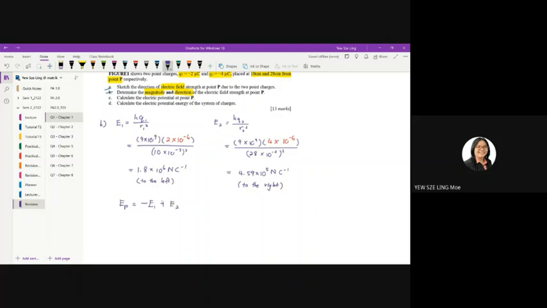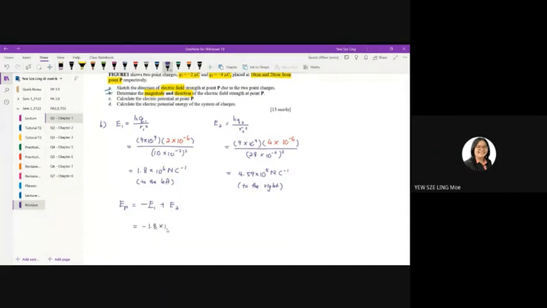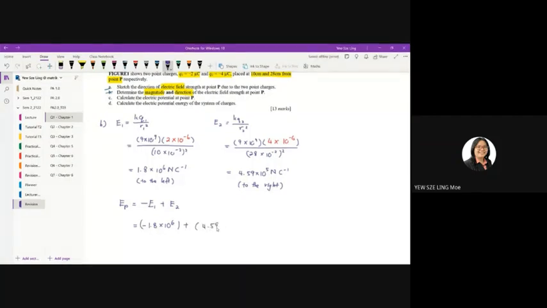Okay, so that is your electric field at point P. So it is equal to negative 1.8 times 10 to the power of 6, plus 4.59 times 10 to the power of 5. And your final answer would be a negative value, which is negative 1.341 times 10 to the power of 6 N C negative 1.